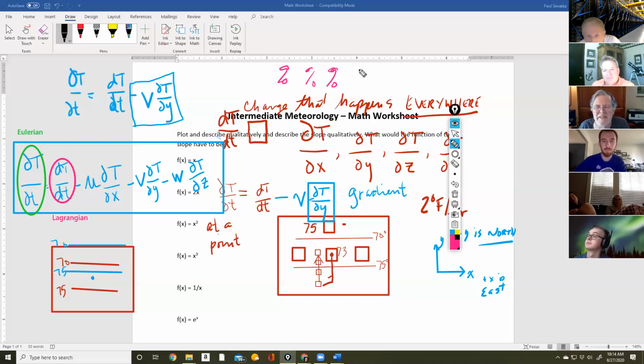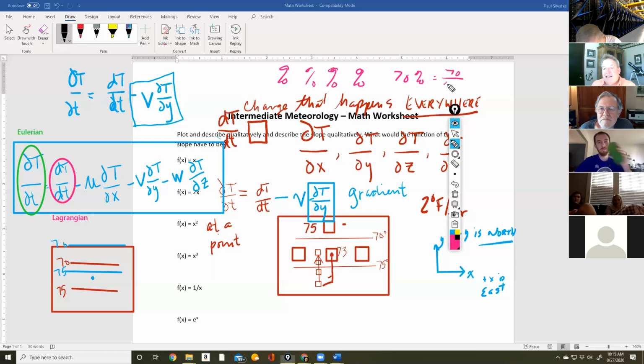It's supposed to be a percent, right? If I said 70%, do you understand? What that really is doing is taking 70 and dividing it by 100. You agree? If I just see a percent, what I really need to say is, oh, that's per 100. That's all it is. It's divide by 100.